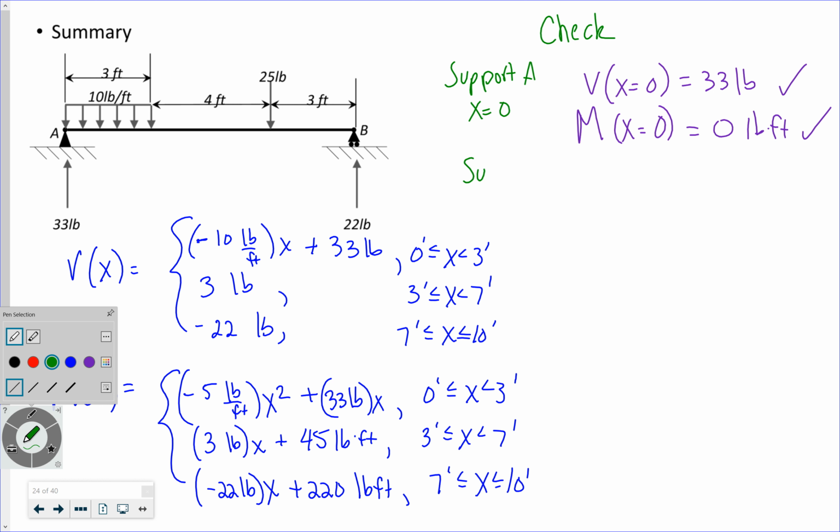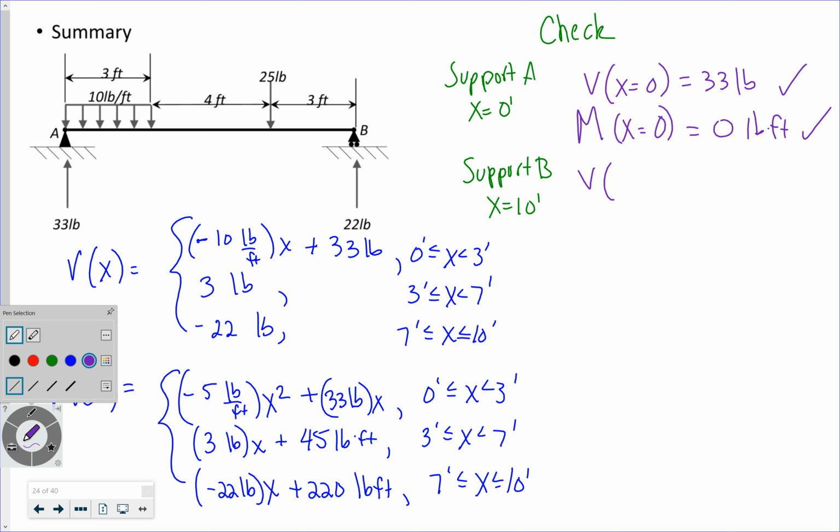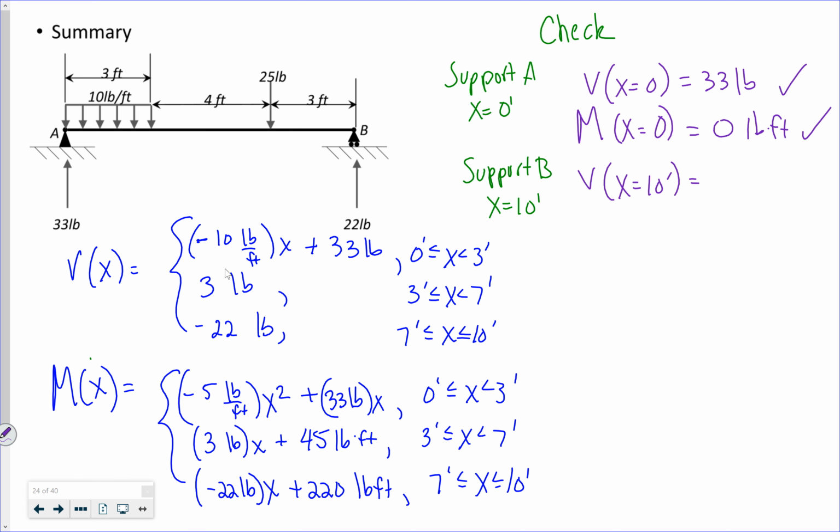If I go look at my support B, where x equals 10 feet, my shear at x equal to 10 feet is minus 22 pounds.